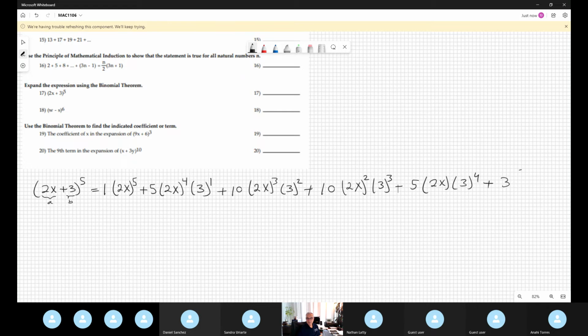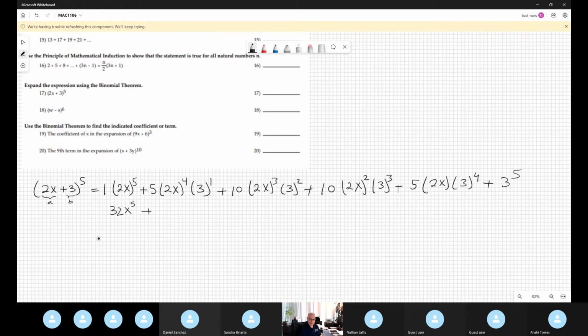The rest is easy. The rest is, you put in the calculator here, 2 to the 5th power is 32. X to the 5th power. Plus, you put in the calculator, 2 to the 4th power is 16. 16 times 5 is 80.